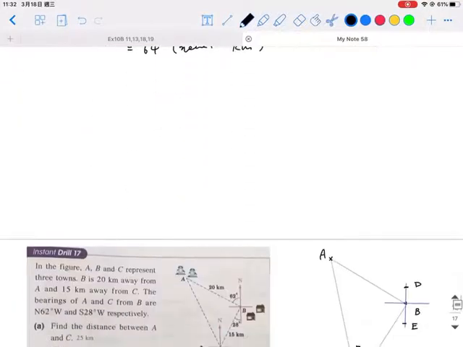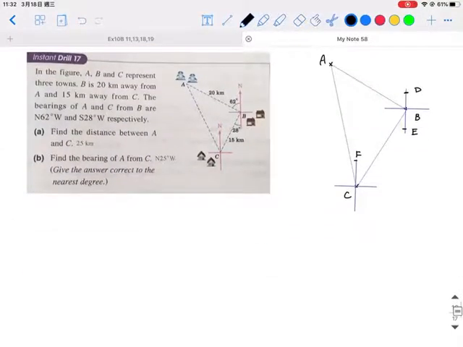And the second one is according to the graph here. First of all, after studying the graph, we need to find the distance between A and C. So part A is to find AC, and I write down the degree here. C is 28 degrees here.